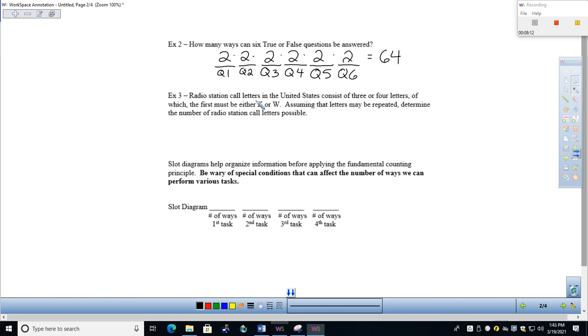I don't know if that's 100% true or not, but I believe that is the case. Okay, anyway, assuming that letters may be repeated, determine the number of radio station call letters possible.